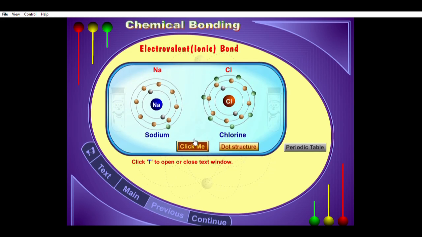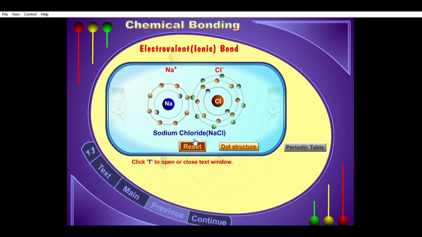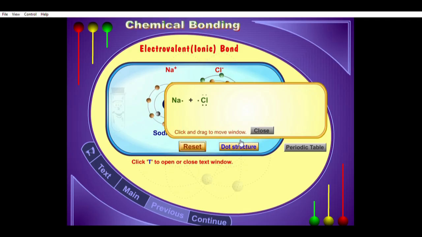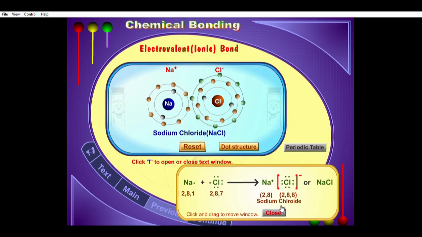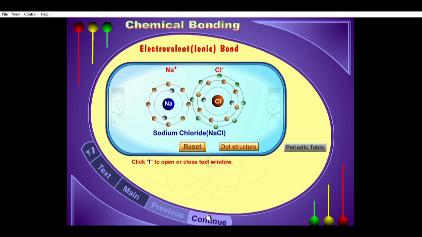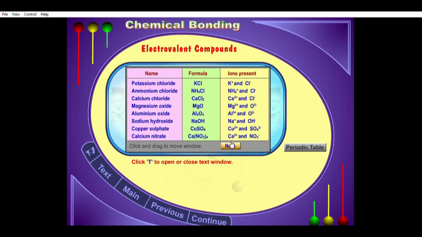Electrovalent or ionic bond. Electrovalent compounds.